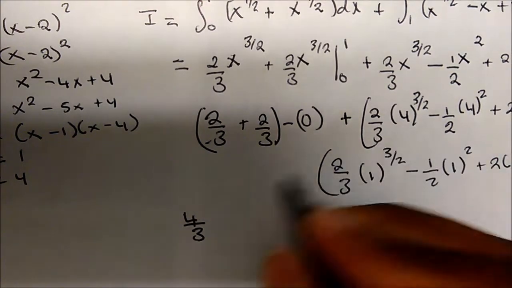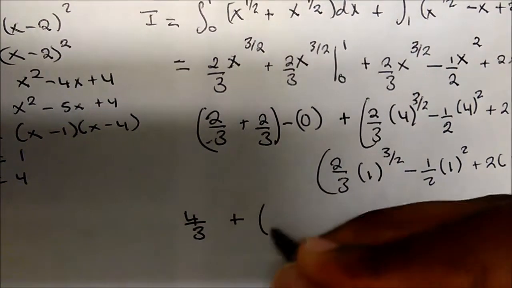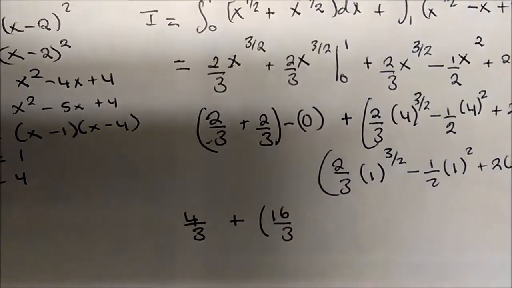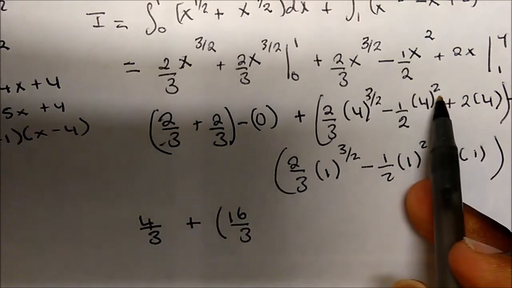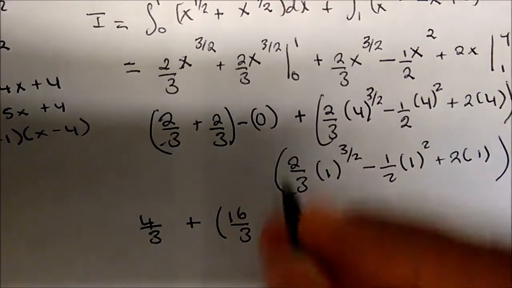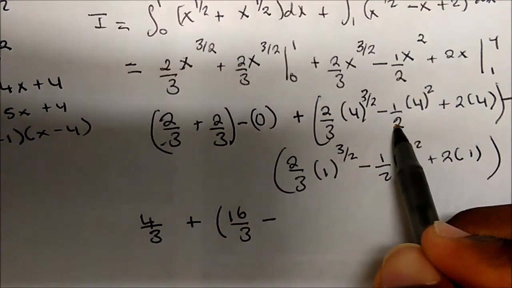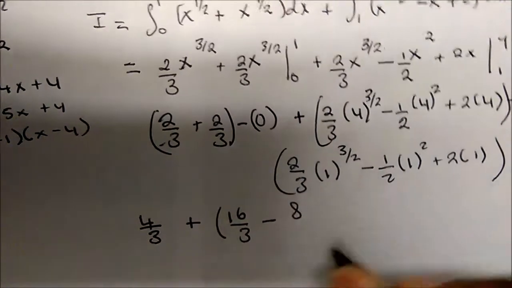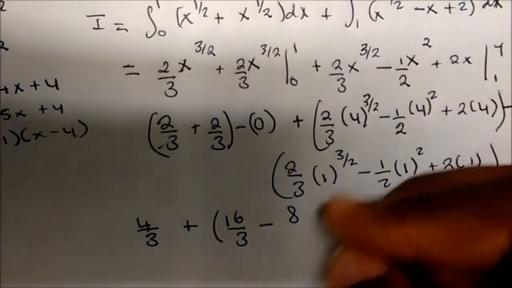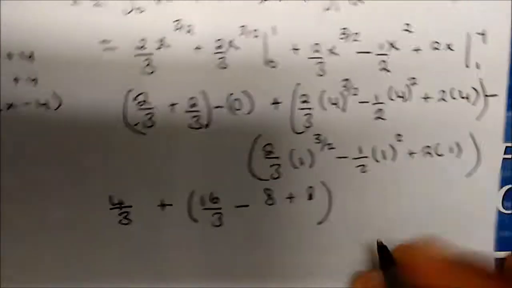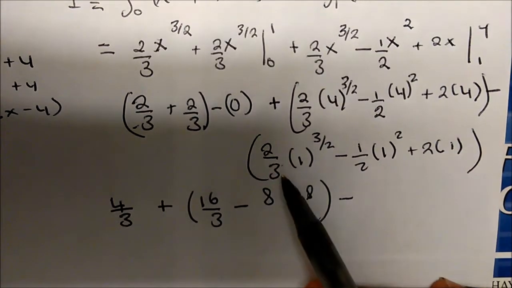So 2 times 8 is 16. So this is going to be plus 16 over 3. Well, 4 squared is 16. So this is going to be minus 4 squared is 16 divided by 2 is 8. So this is going to be minus 8. Well, 2 times 4 is just 8. So this is plus 8. All right, and then we're going to subtract this from this one here.